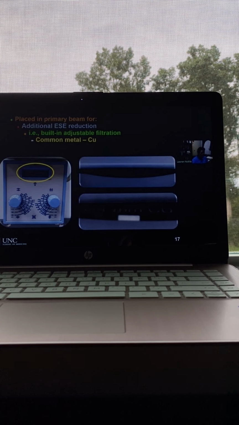So to start out with, some X-ray tubes are manufactured with an extra layer of filtration. Okay, this is something that is above and beyond the recommendations and the regulations. Do you recognize this X-ray tube from the lab? Okay.